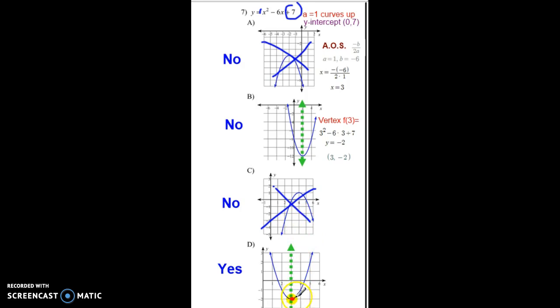So it looks like it might be up here. I'm not sure, but I could see it can't possibly be on this graph, so I can see that's incorrect. My axis of symmetry, I'm going to plug in opposite of B over 2A, I get 3. 3 is the axis of symmetry. 3 is the axis of symmetry here. I found it.